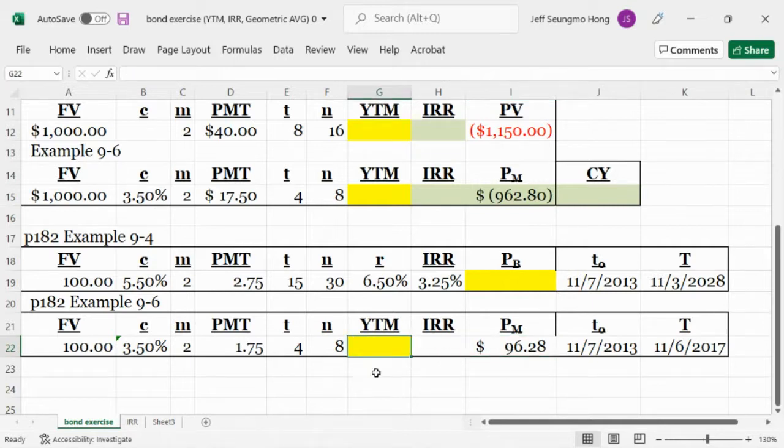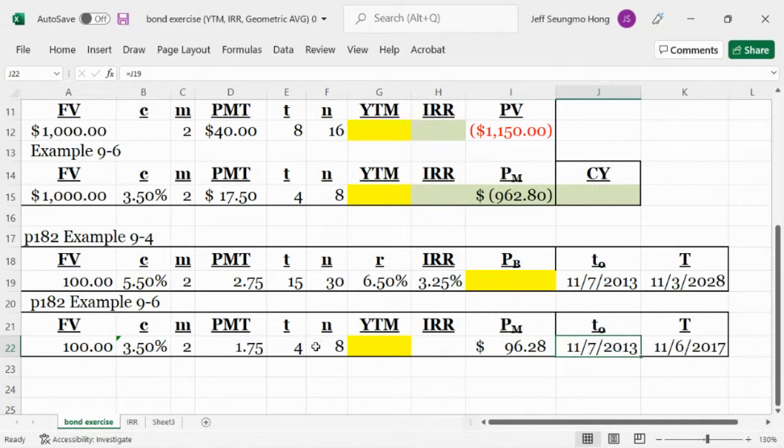And then we're going to use the yield command to find the yield, and to do this, we will have to have prices expressed in percentage of the par value. T0, that's today's date. In this example, it was 2013. Doesn't matter.